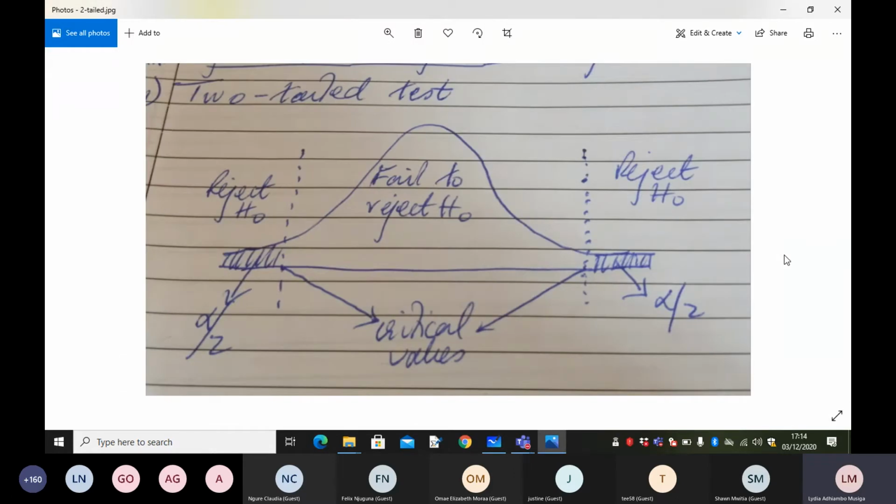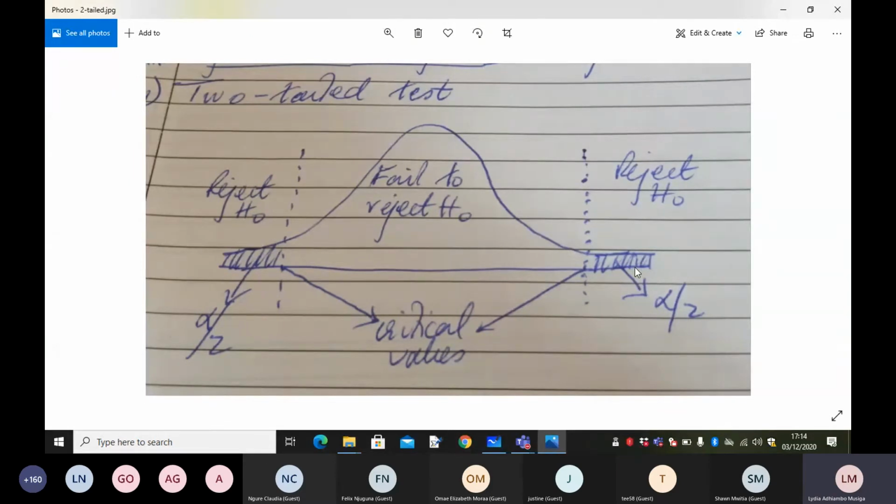Okay, so what I was saying is that let us say we calculate some values, as we shall be doing in the forthcoming lectures, and then the value that we calculate falls in the shaded area to the right. Of course, you can see that we are referring to that region as the rejection region.